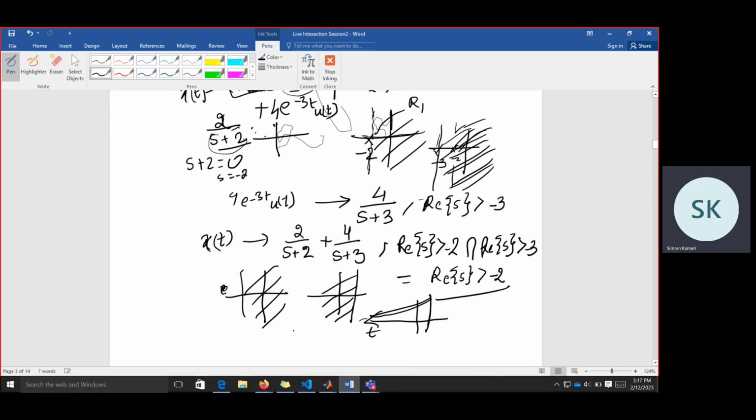So it depends where the values are. If the intersection of these two contains some region inside both, then we can say the Laplace transform is defined and the ROC is this one. But suppose this is minus 3 and this is minus 2.